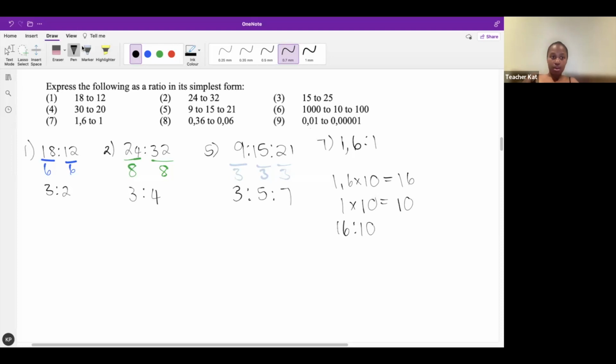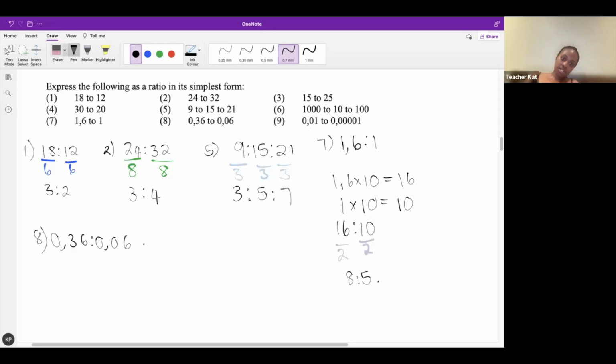Is there a common factor between 16 and 10? It is 2 divided by 2. So then my final ratio is what? 8 to 5. Beautiful. Number 8. 0,36 to 0,06.